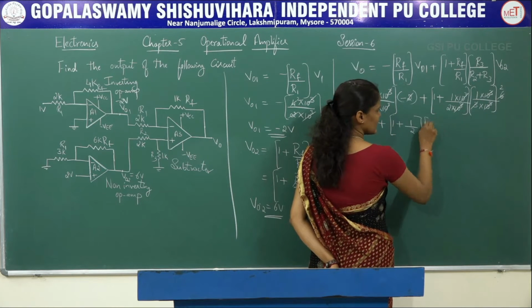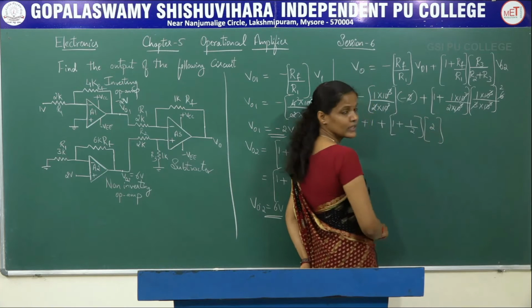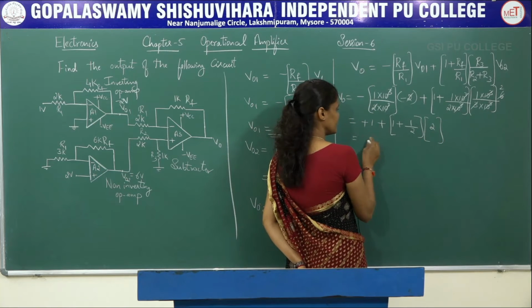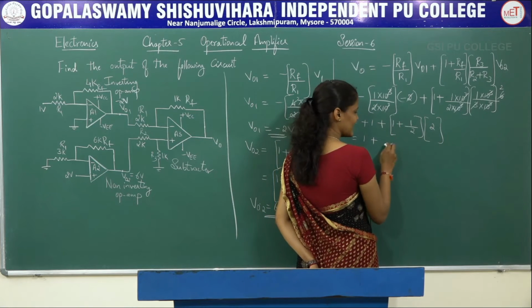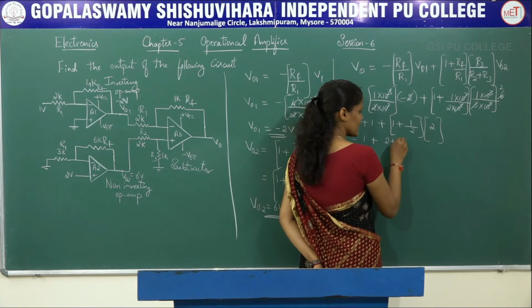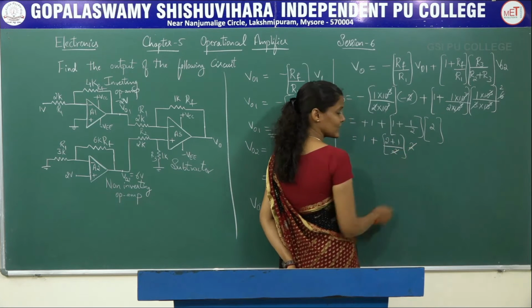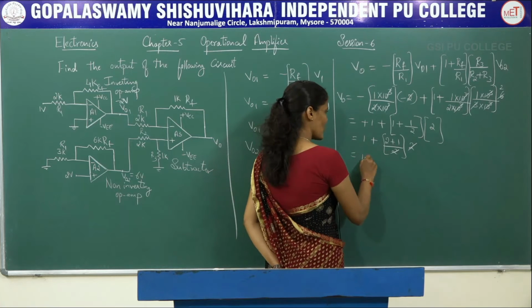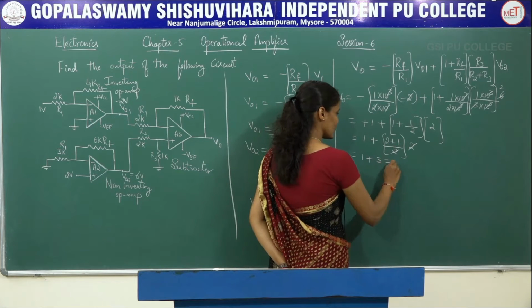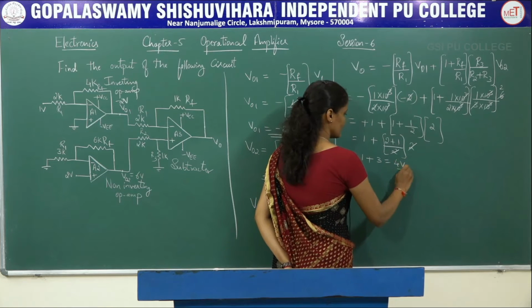So there 1 is left, here 2 is left. So solving this, 1 plus, taking the LCM, 2 plus 1 divided by 2 into 2, this 2 and this 2 get cancelled. So 1 plus 2 plus 1 is equal to 3. So 3 plus 1 is equal to 4 volts.